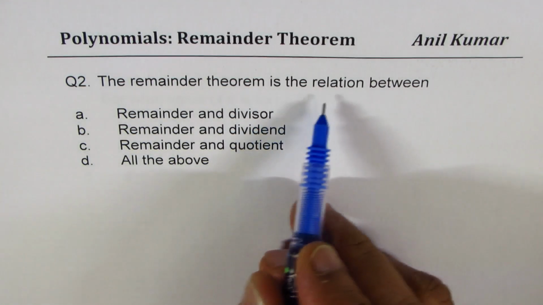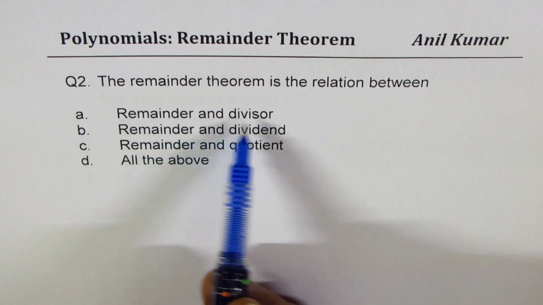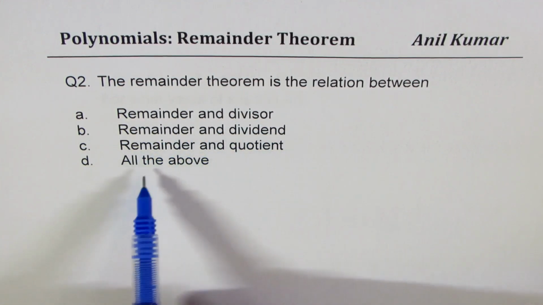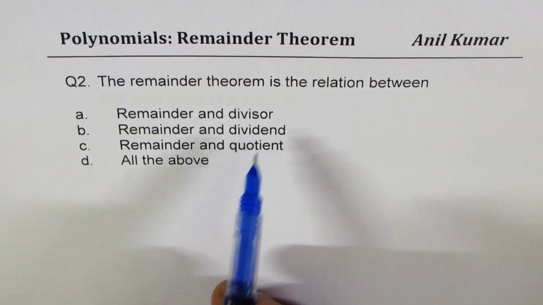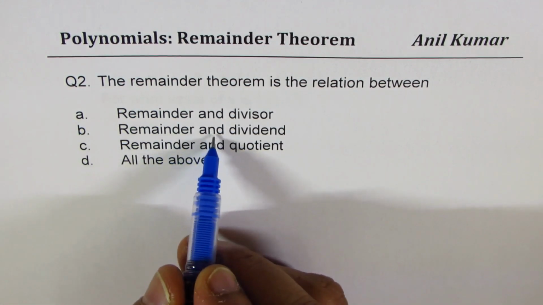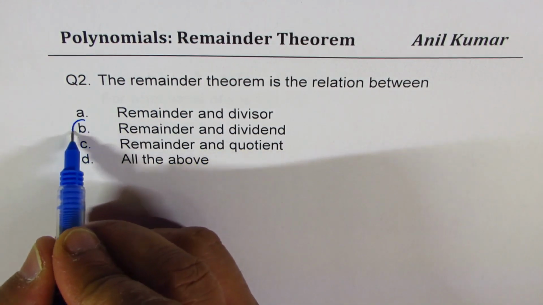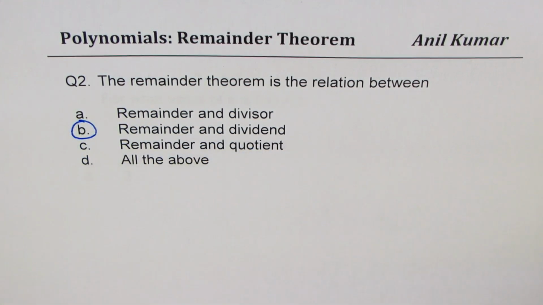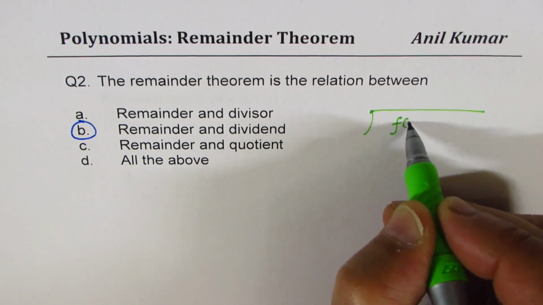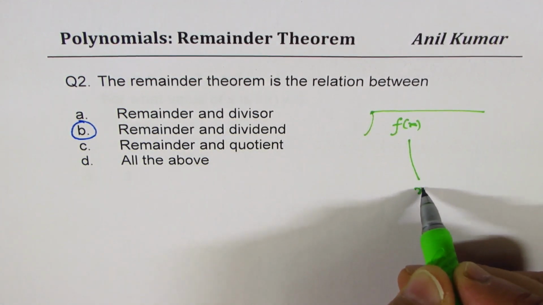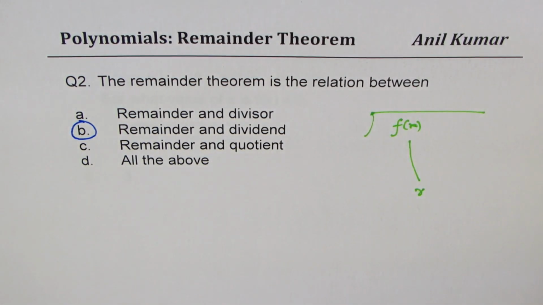The remainder theorem is the relation between remainder and divisor, remainder and dividend, or remainder and quotient? So clearly it is between the remainder and the function itself, which is referred to as the dividend, right? These are the two things related with the remainder theorem.